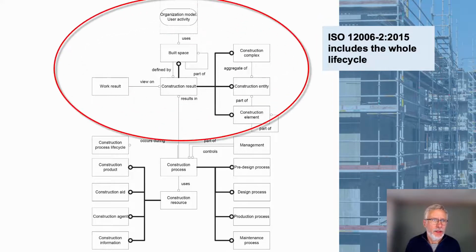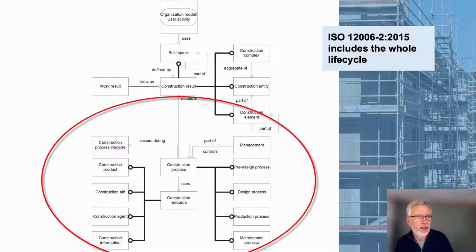But you start with the topmost part being the physical, the actual physical things, you might say, and the bottom part is the process, the construction process and all the resources it uses.